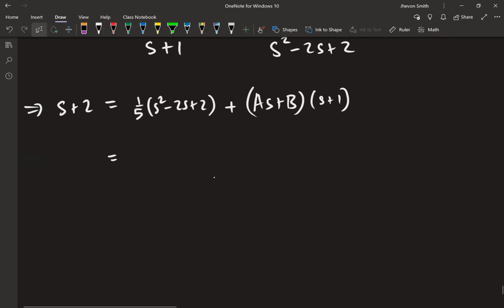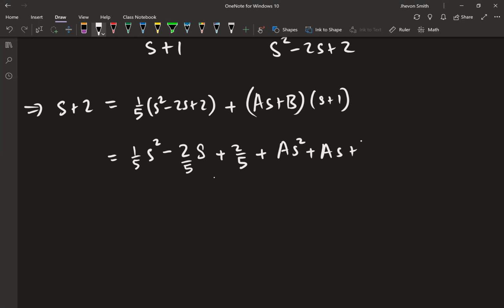So this is going to be equal to 1/5 s squared minus 2/5 s plus 2/5 plus as squared plus as plus bs plus b. Let's not mix up our s with 5s, hopefully.